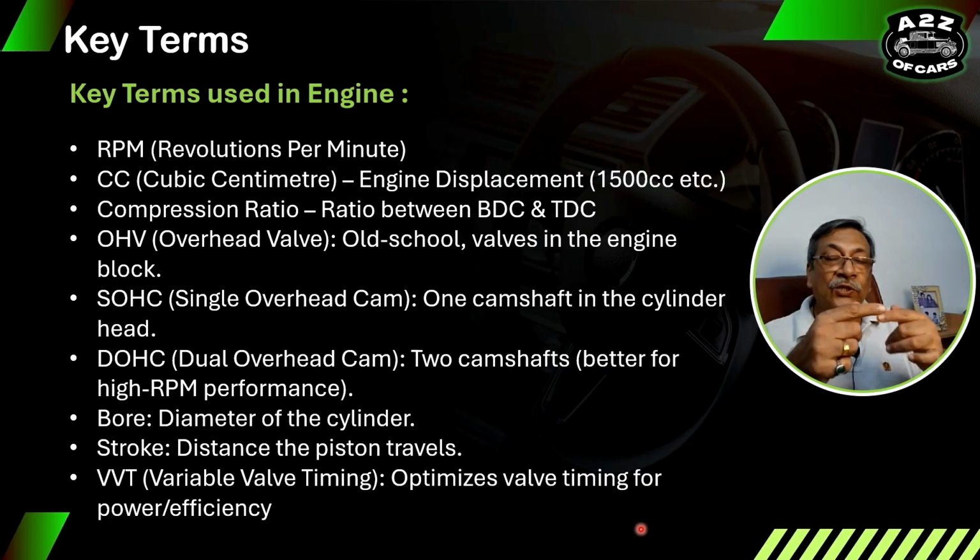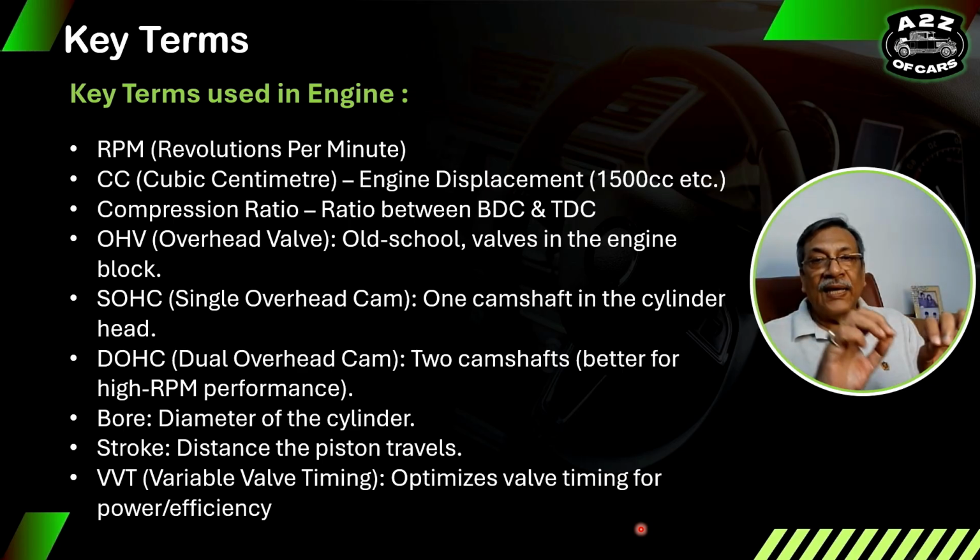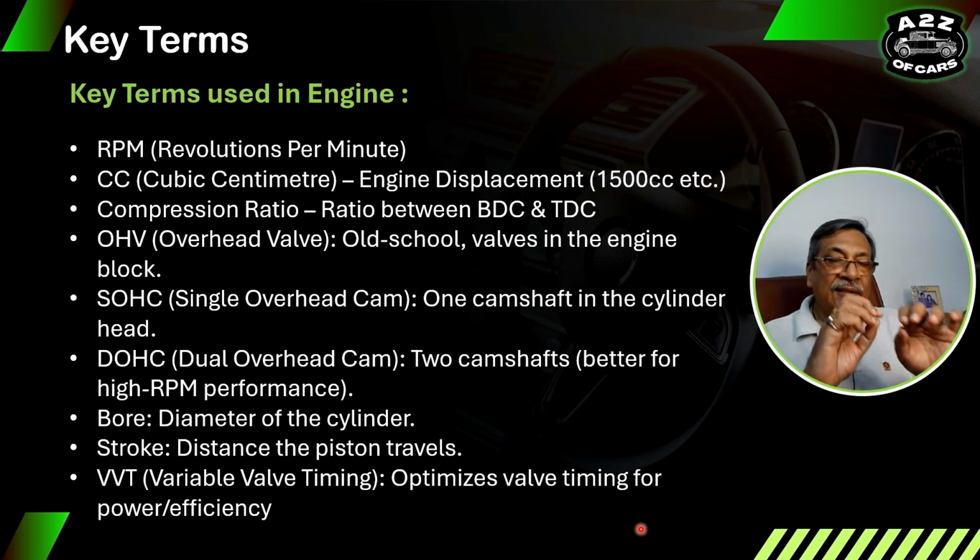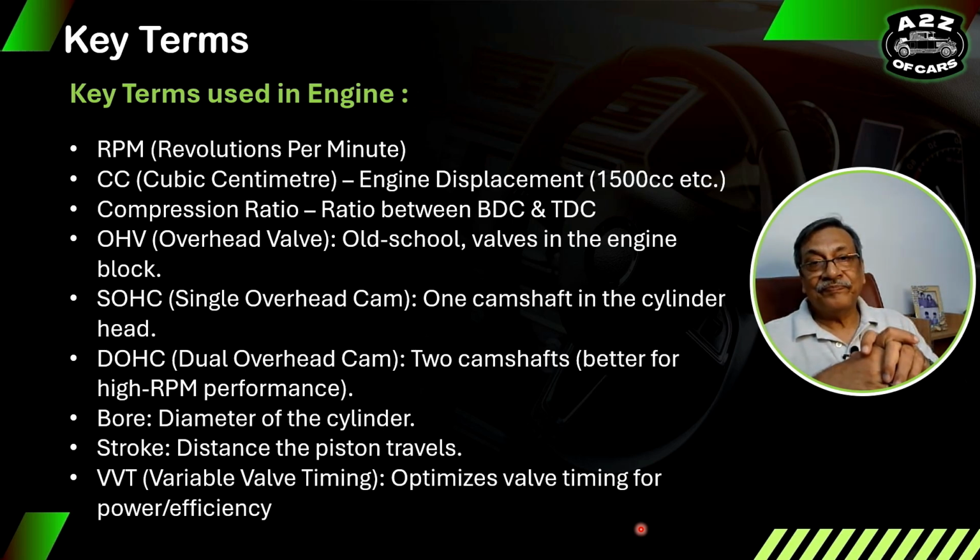That leads to your valve opening for a bit of extra time, and it remains open for more time. That helps in increasing the air fuel mixture going inside. That maintains the fuel efficiency and performance of an engine even at higher speed. That's the benefit of VVT.